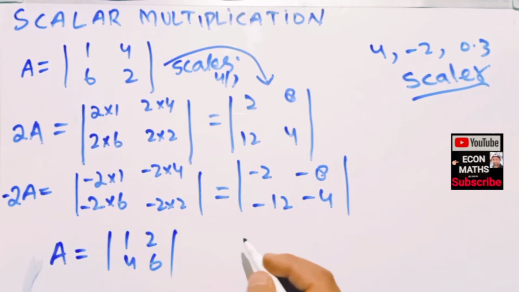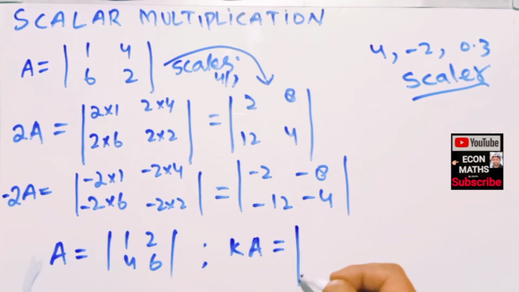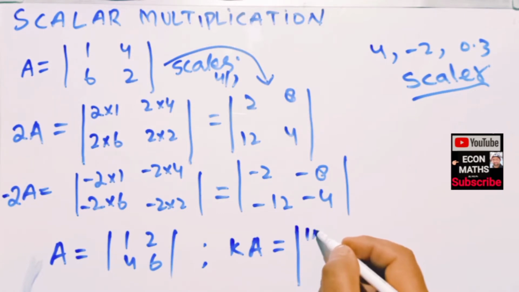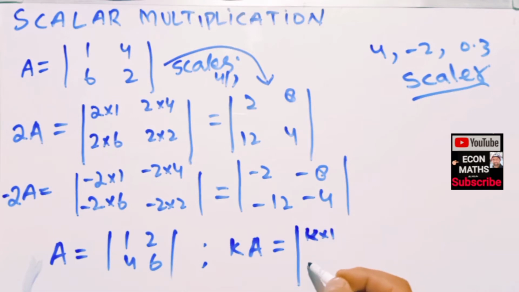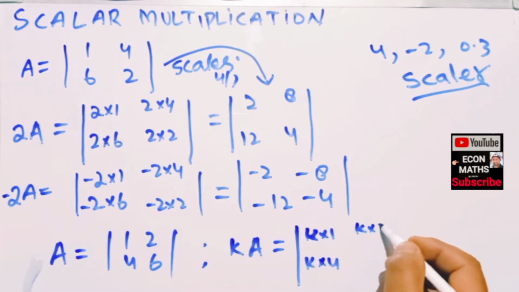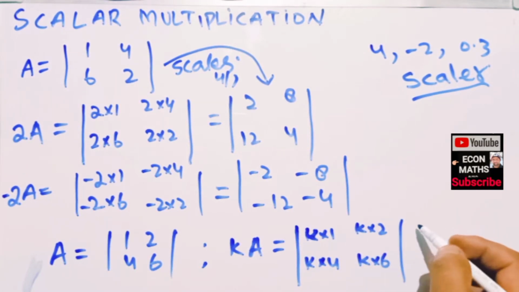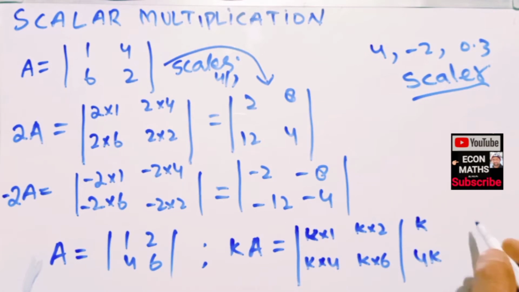Now scalar multiplication means if I have this scalar quantity k, this will become k into 1, k into 4, k into 2, and k into 6. So this will become k, 4k, 2k, and 6k.